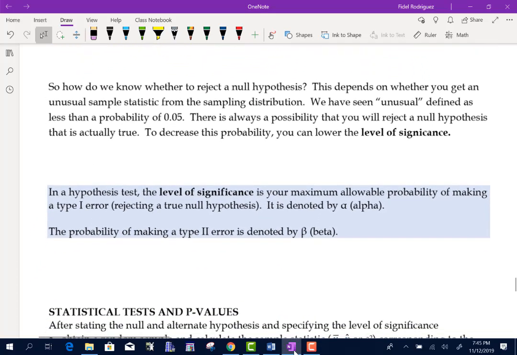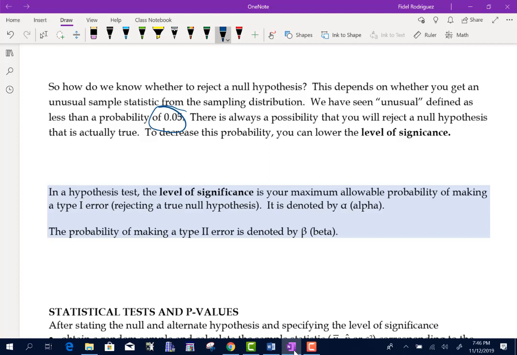So now let's take a look at the next part here. It says, how do we know whether or not we're going to reject the null hypothesis? This depends on whether you get an unusual sample statistic from the sampling distribution. So guys, when we've talked about unusual, we talked about z values that are unusual, but we said that when the probability of something is smaller than 0.05, okay? There's always a possibility that we'll reject a null hypothesis that is true.